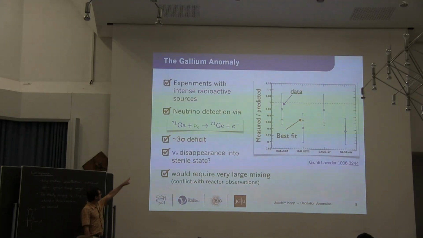But the thing is, the inverse process, germanium-71 decay to gallium-71, that's a well-studied nuclear decay. So from the measurement of germanium-71 decay, you can extract the nuclear matrix element of this process, and then you just change the kinematic factors appropriately, and you get a very good prediction for this cross-section.